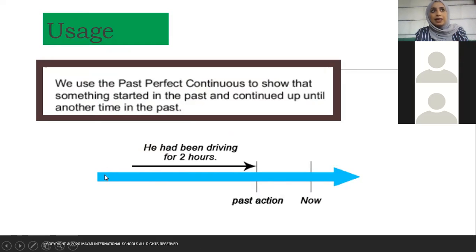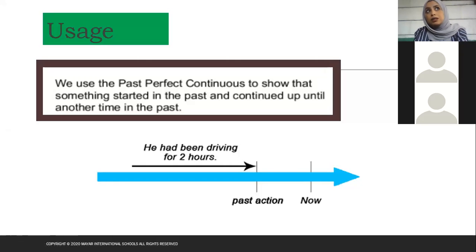When I say started and continued, I don't mean present. I mean it started somewhere in the past and continued till another time in the past. Like here, started in the past and continued for 2 hours, also in the past.